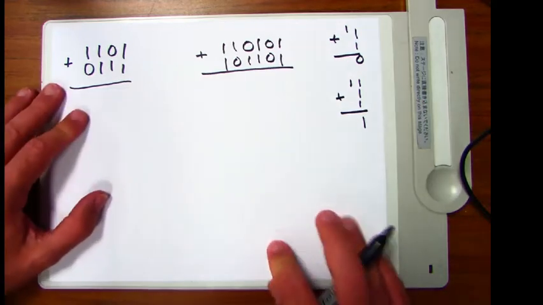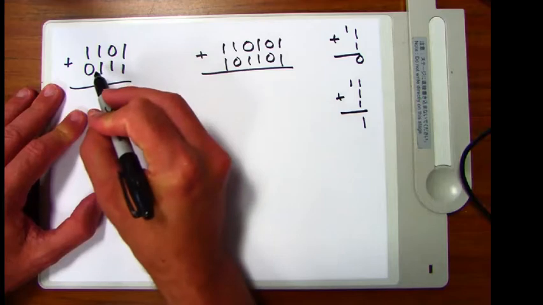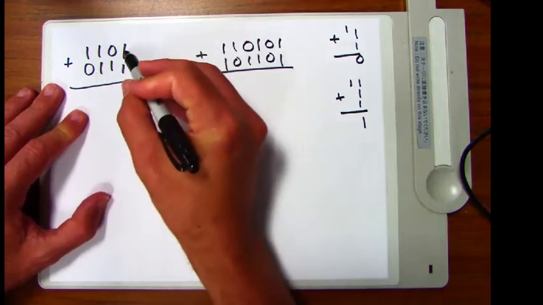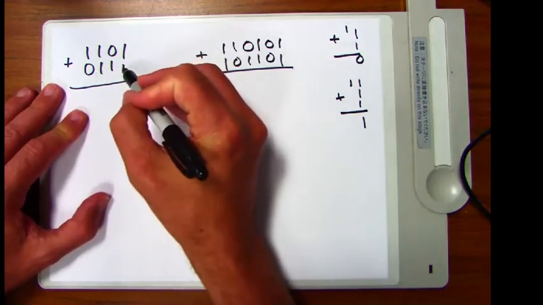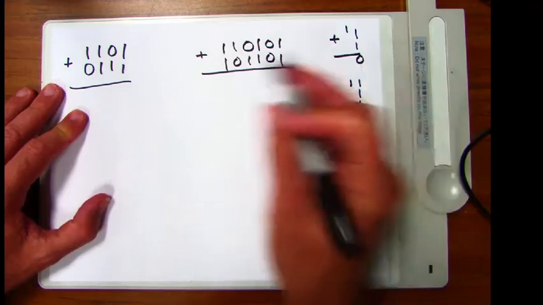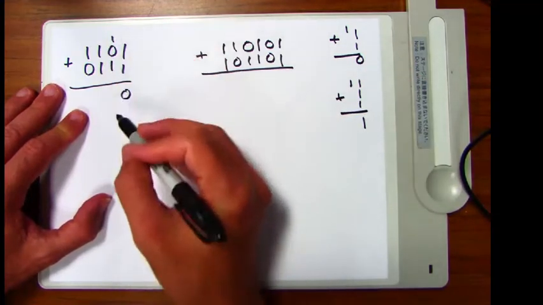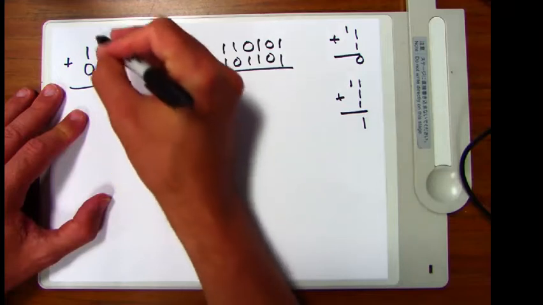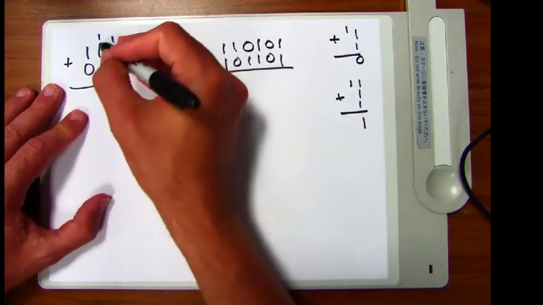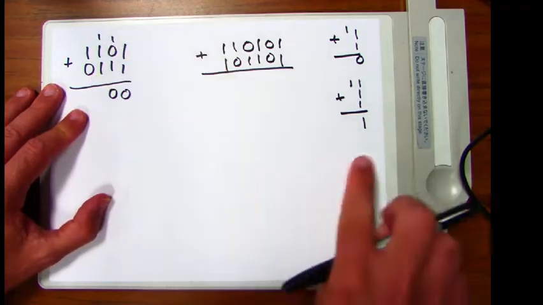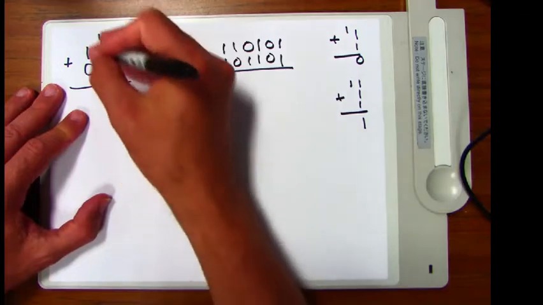So let's look at this example up here on the top left and let's just go through that. What is 1 plus 1? Well, that's a 2. So that's this scenario. That's a 0, carry the 1. What's 1 plus 1? That's a 2, right? So that's 0, carry the 1. 1 plus 1 plus 1, that's a 3. So that's a 1, carry the 1.